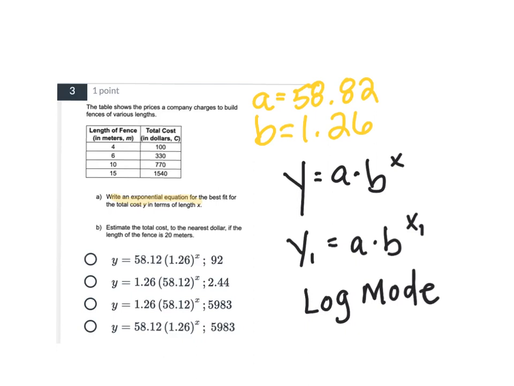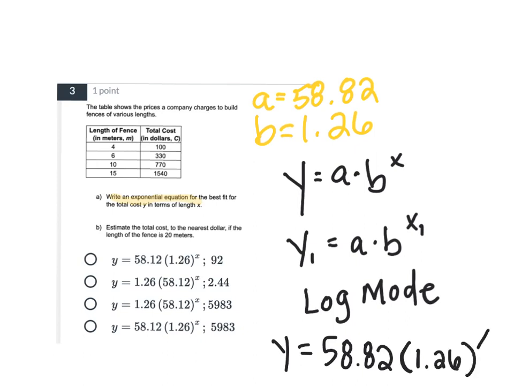So if I input those values and make my equation, I have y equals 58.82 times 1.26 raised to x. So that eliminates these 2 answer choices. The question is then, estimate the cost if the length of the fence is 20 meters. Well, if I look at my problem, the length of the fence is the x value.